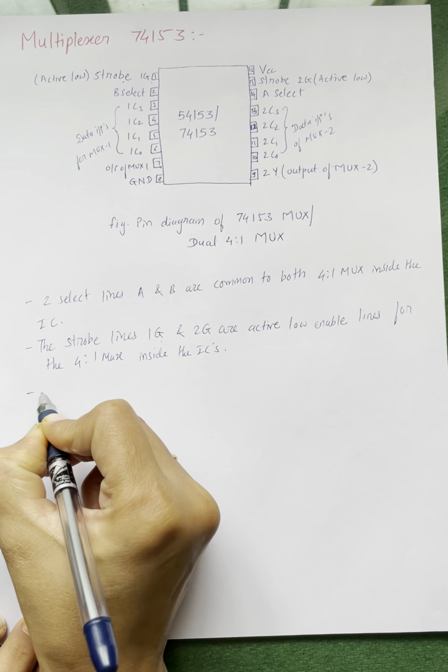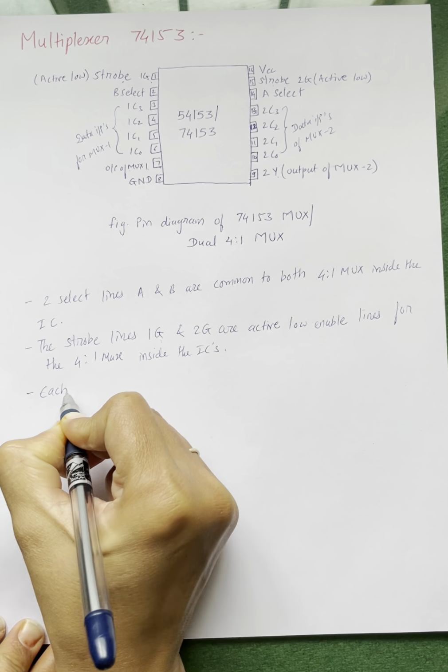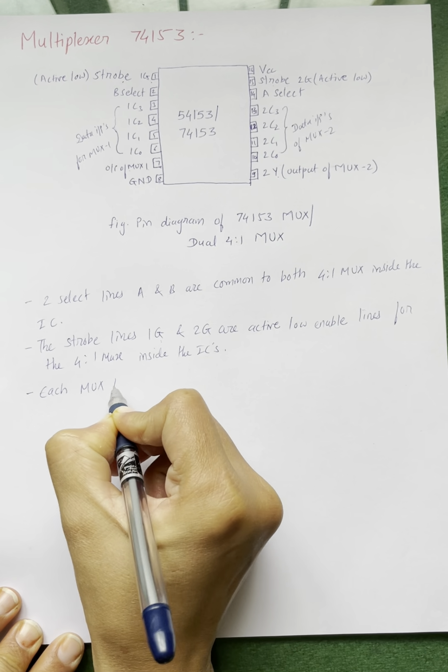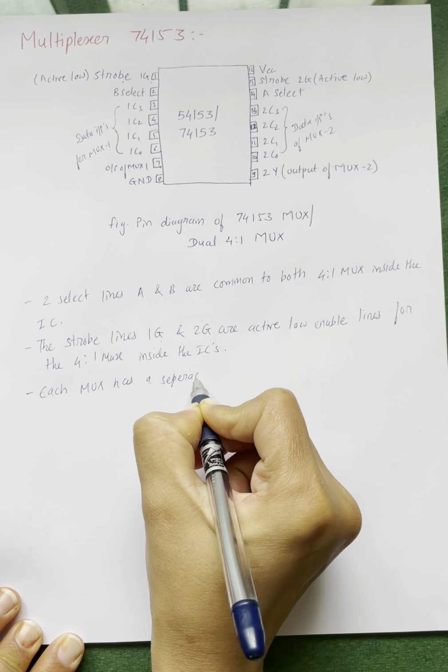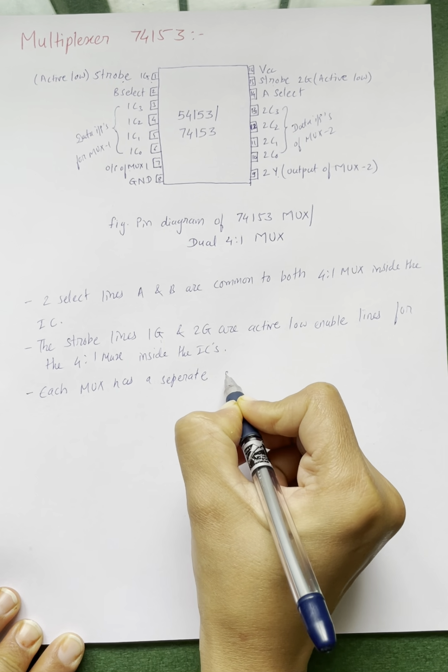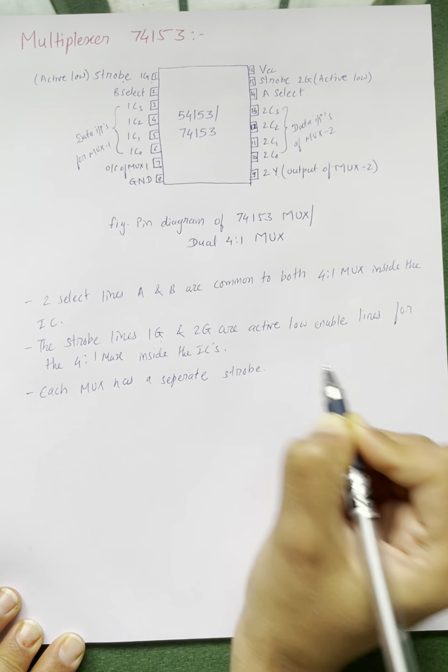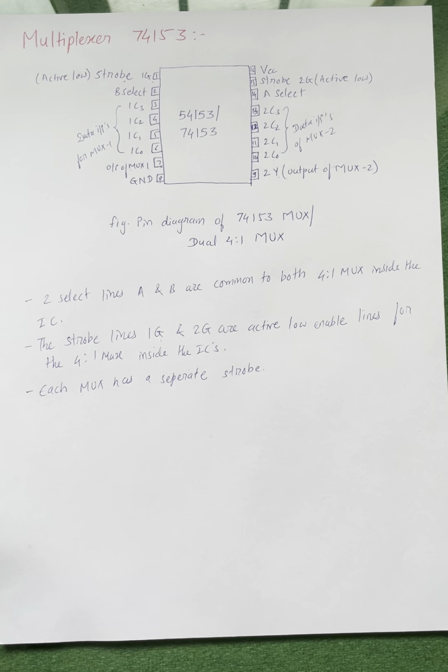One more point I'll add: each mux has a separate strobe. So this is regarding your multiplexer 74153, that means your 4:1 multiplexer.